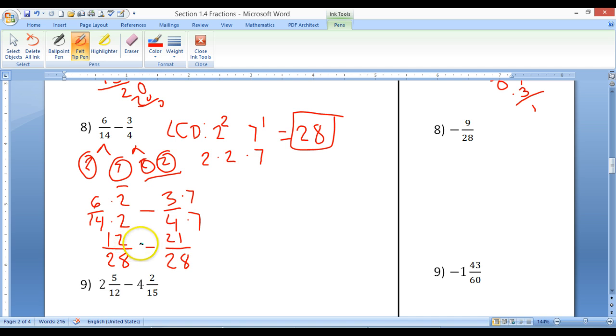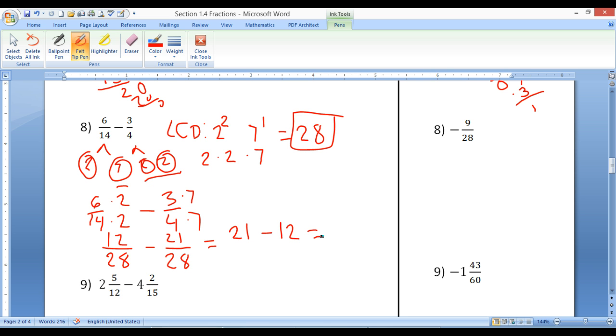Notice 12 is smaller than 21. 12 subtract 21, so I know this one's going to be a negative sign. And in the instructions, it always says put your larger number first and then go back and find the sign, positive or negative. So we're going to go ahead and think of it as 21 minus 12. 21 subtract 12.